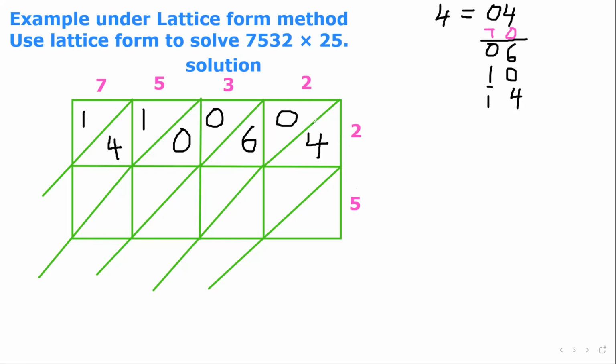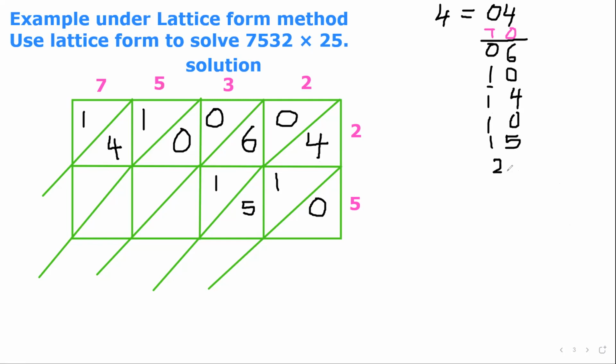5 times 2. This 5 multiplied by this 2 will give you 10. And for the 10, we have the 1 and 0. 5 times 3, that is 15. For 15, we have 1 and then 5. 5 times 5, that is 25.